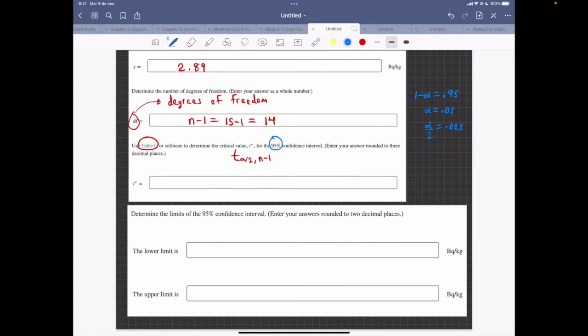And n minus 1 is 14. So the value we have to look for is t 0.025, comma, 14. With these two values, if you use the table for the t distribution, you will find the value. But we can do it in Minitab.